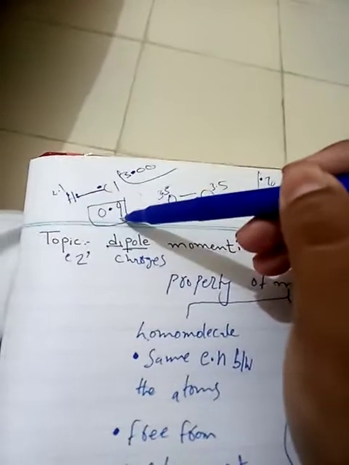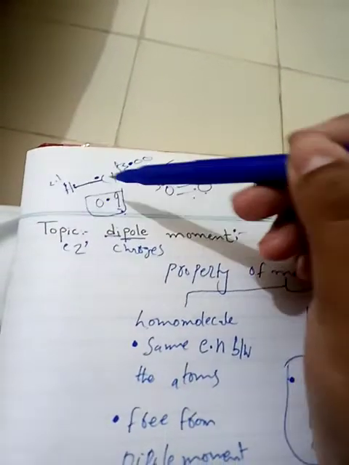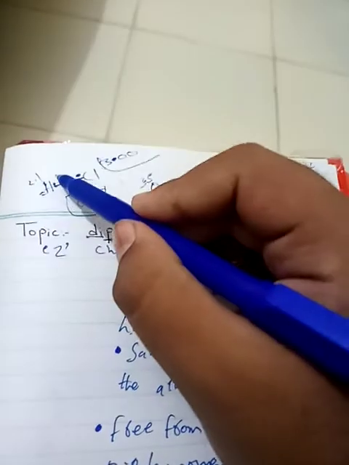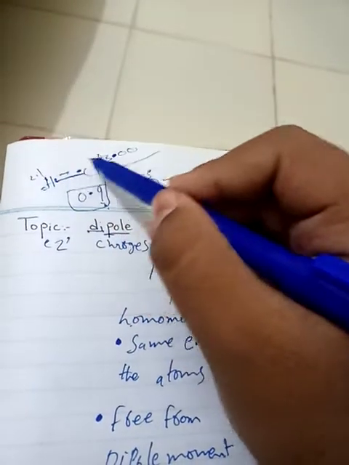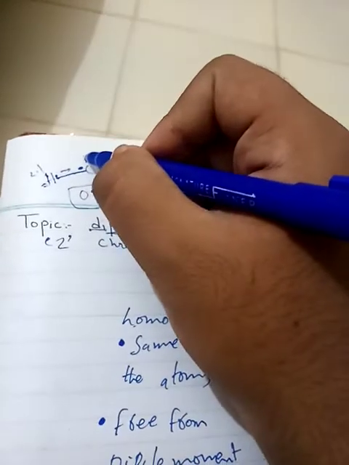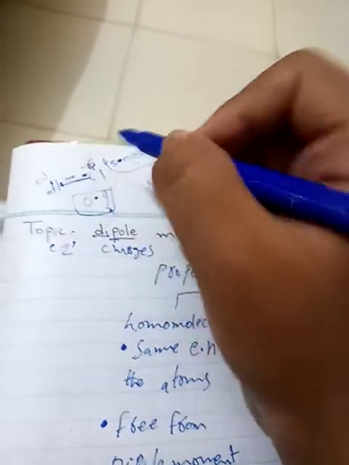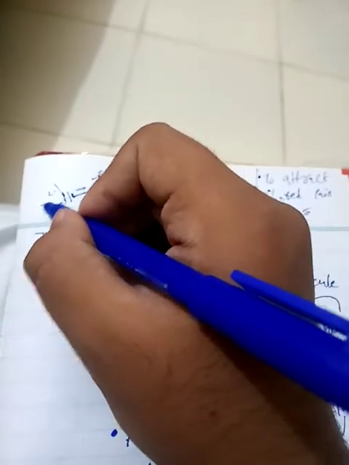So chlorine has that much more power to snatch the electron from the hydrogen, and when it does, there will be a partial negative sign on chlorine, and hydrogen will get a partial positive sign.